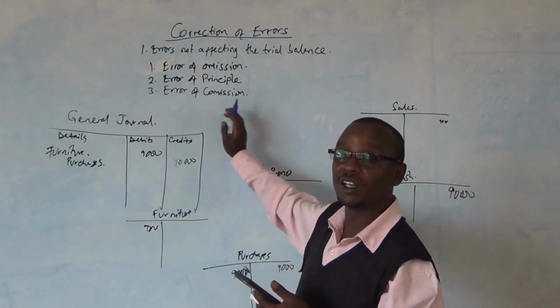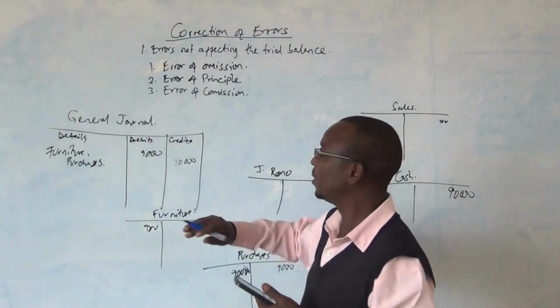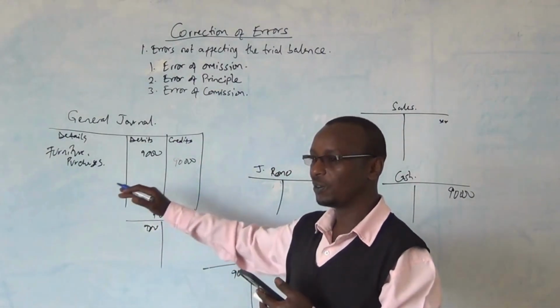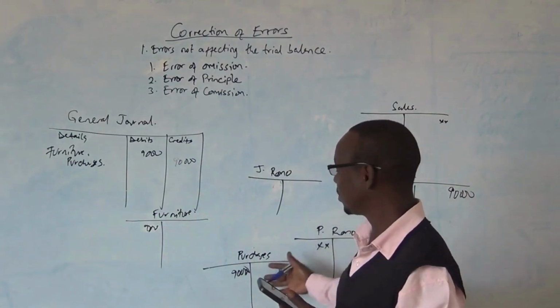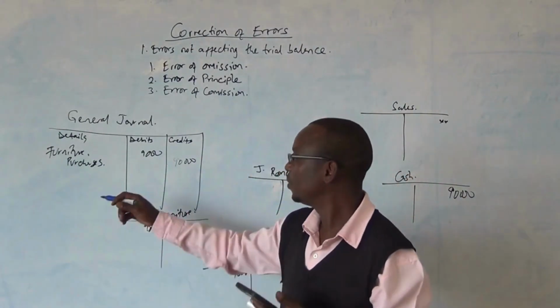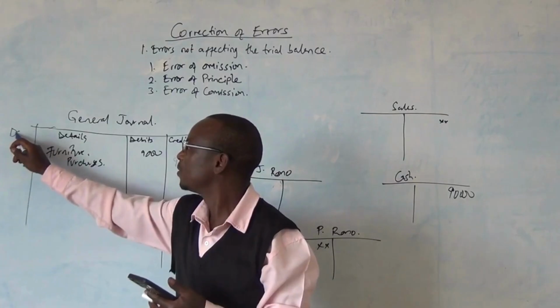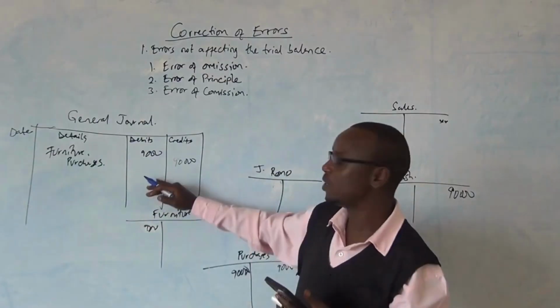So when you're correcting the errors, you do it in the journal. And then you give the narration: correction of error where purchases account was debited instead of furniture account. And of course, here we have the date. The date when this error was corrected will be shown in the journals.